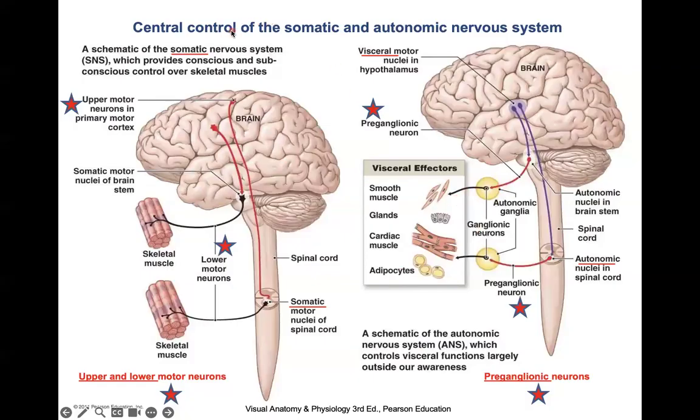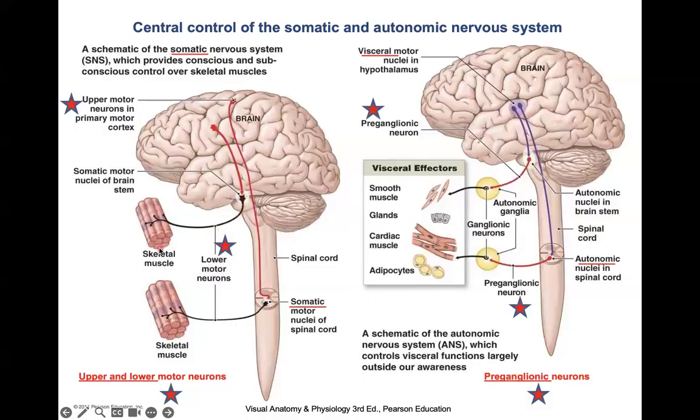Now in the case of the somatic system, we have an upper motor neuron and a lower motor neuron. Now the upper motor neuron normally starts off in the primary motor cortex. Then we have here somatic motor nuclei of the brainstem. Okay, so this is the upper motor neuron, whether it be here or here. It synapses in this case on the lower motor neuron.